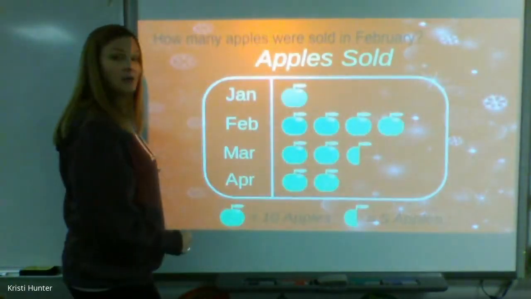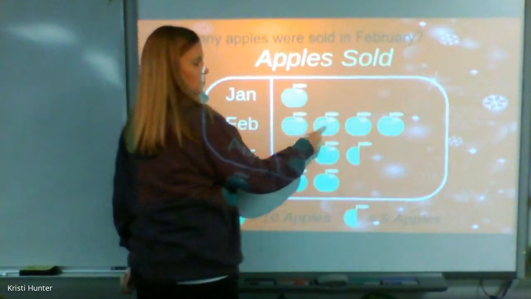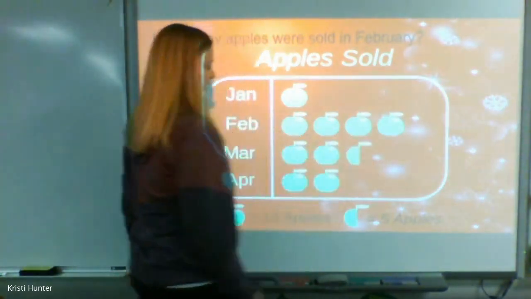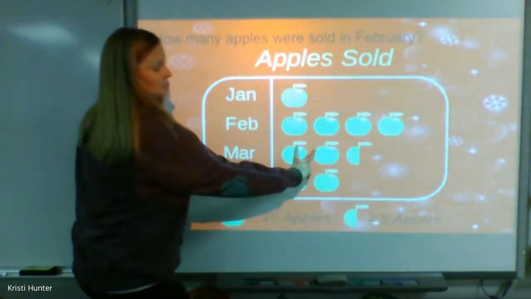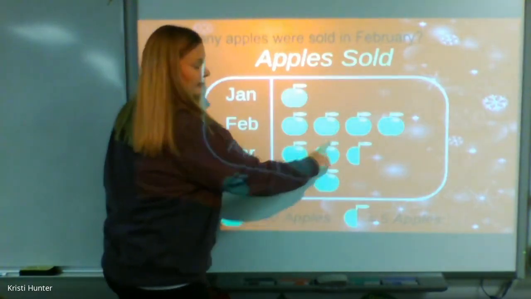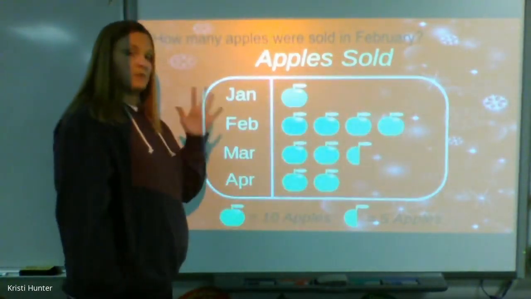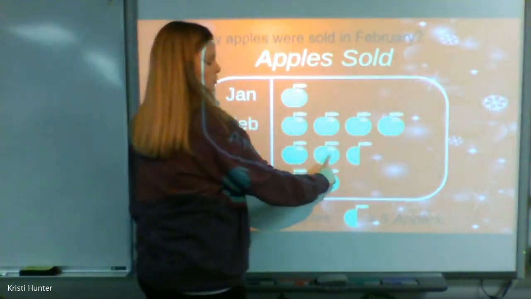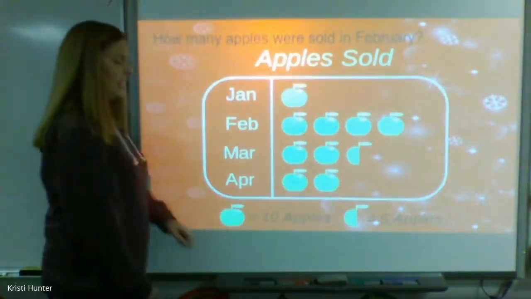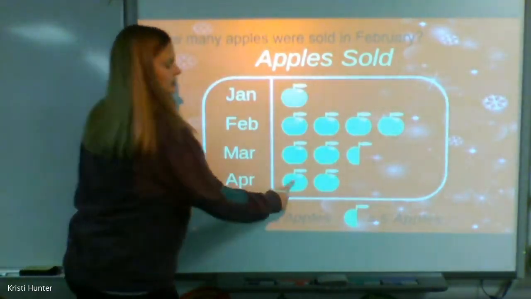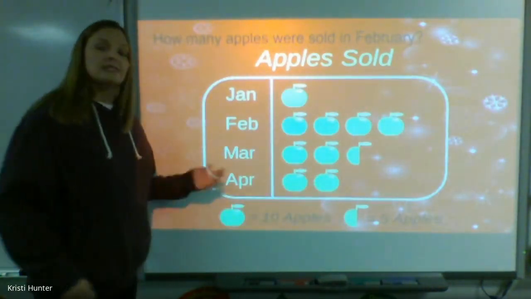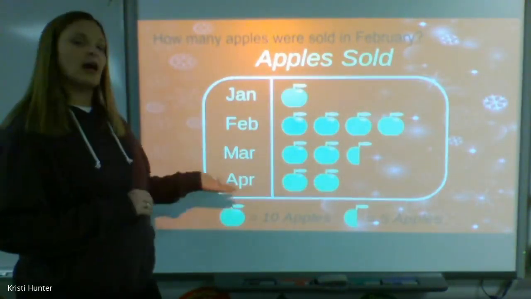So I'm going to have to count them by 10. 10, 20, 30, 40. March has these 2, 10, 20, plus half, which remember was 5. So 10, 20, 25. And then 2 more whole apples. 10, 20.